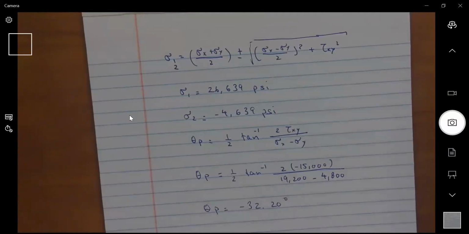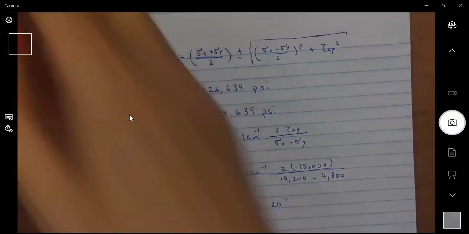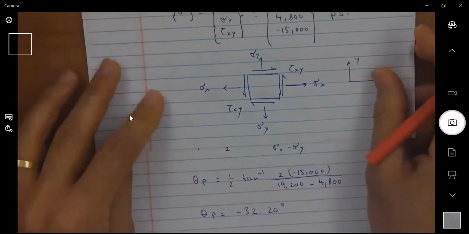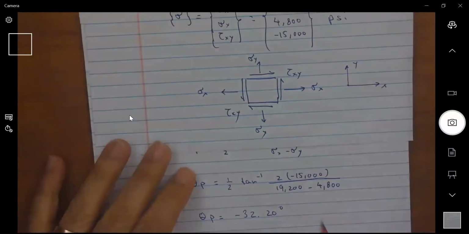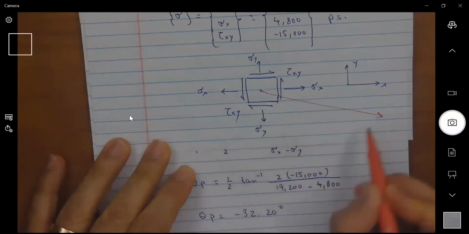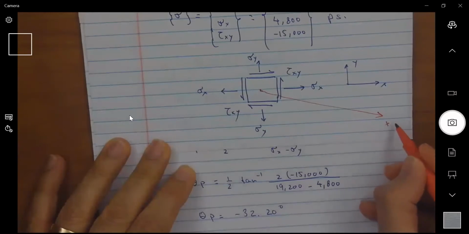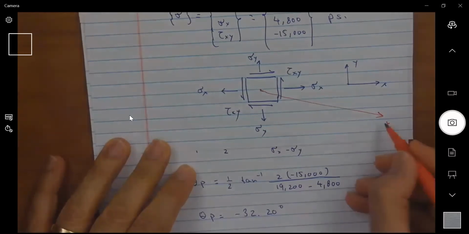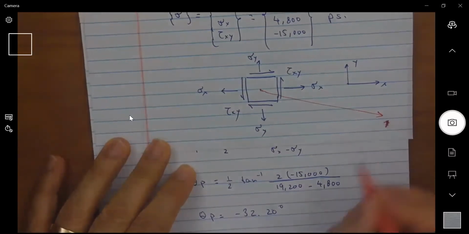So what does that mean? If I'm looking at my stress element, the principal stresses are going to be acting at an angle. So this is going to be my principal direction 1.